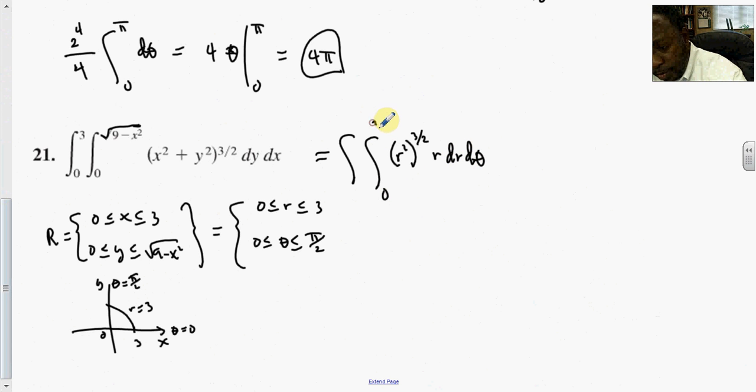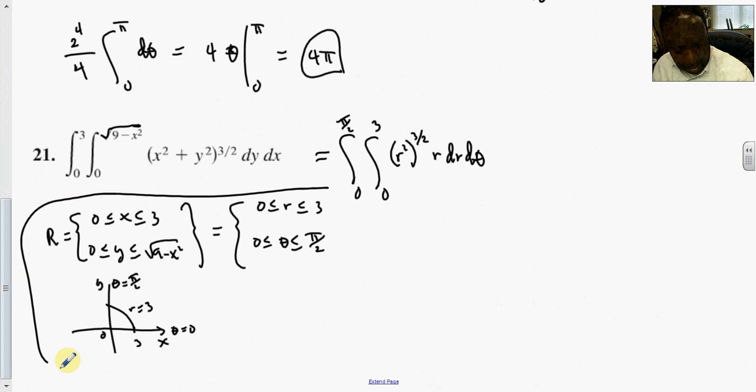R goes from 0 to 3. Theta goes from 0 to pi over 2. We simplify this r squared to the 3/2. That just leaves us with r to the 3rd times r is r to the 4th.